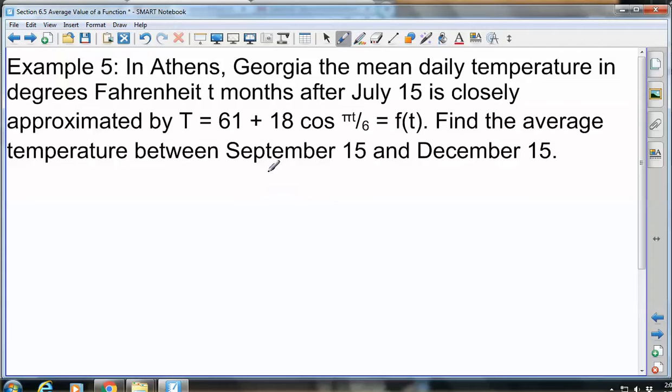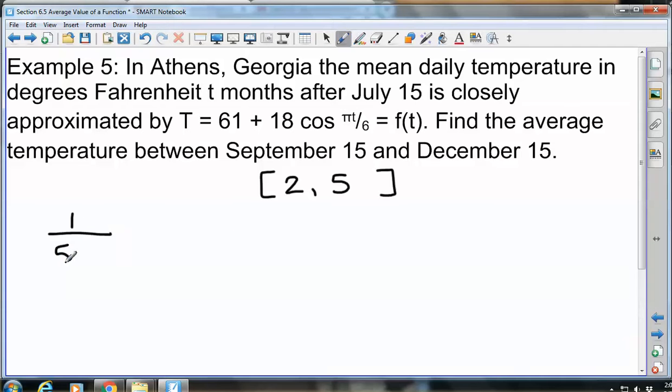I need an interval. t is the number of months after July 15th. So September would be 2, December would be 5. So we are going to integrate from 2 to 5.